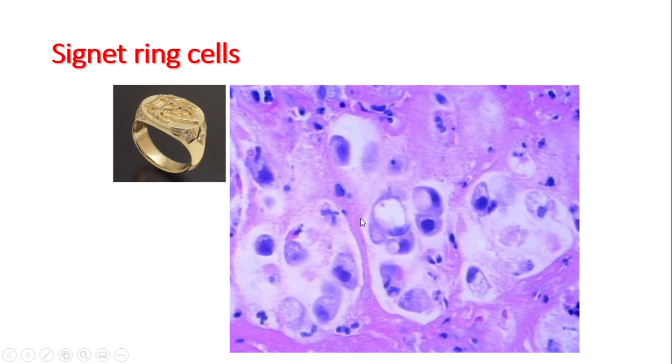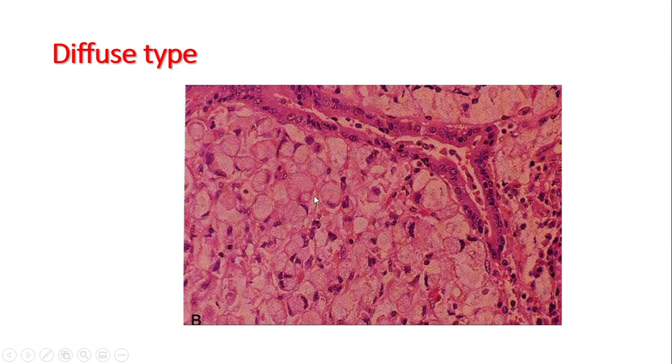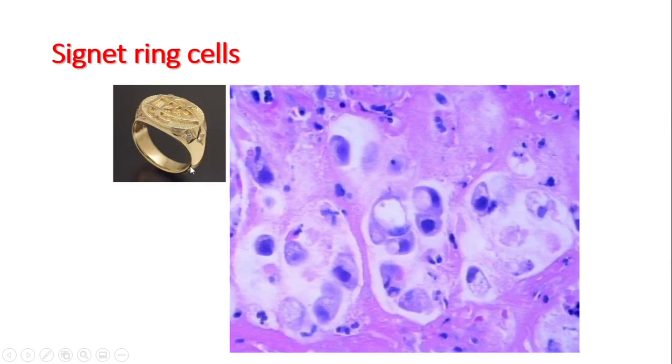So the cells are seen separately or individually running within the stroma of the stomach, like in this picture. It is called signet ring appearance, signet ring cells.